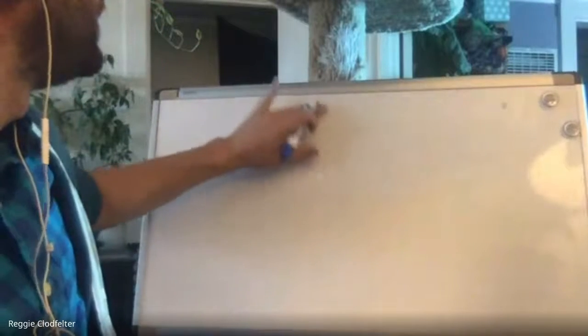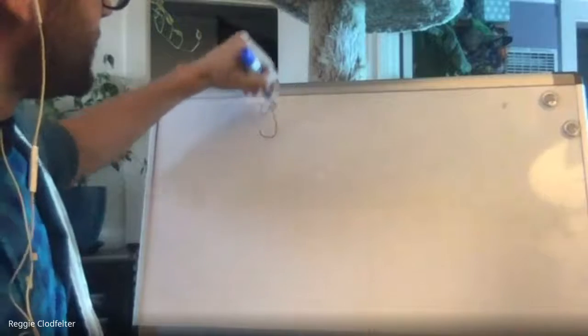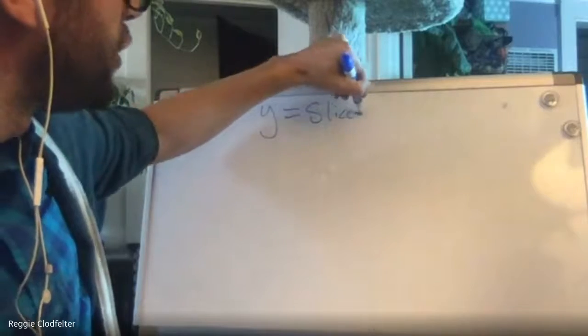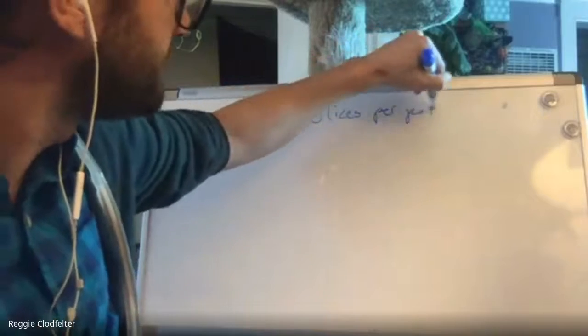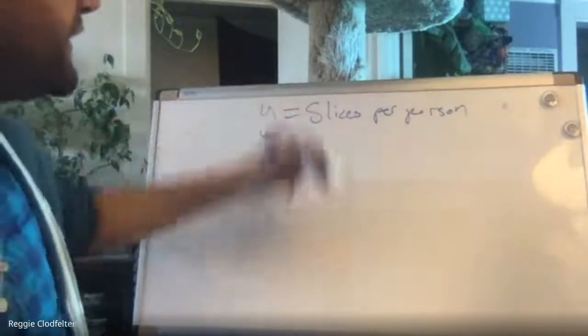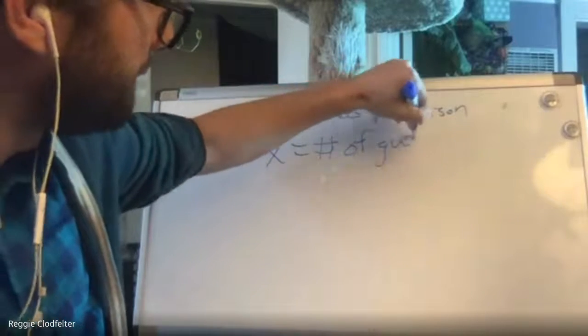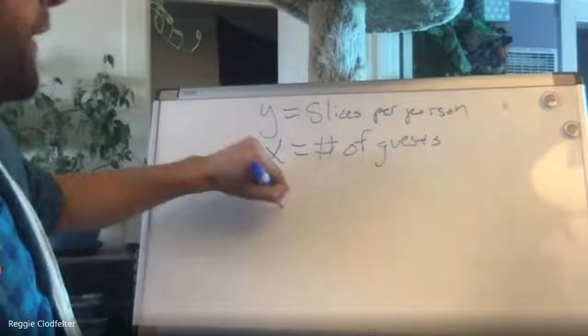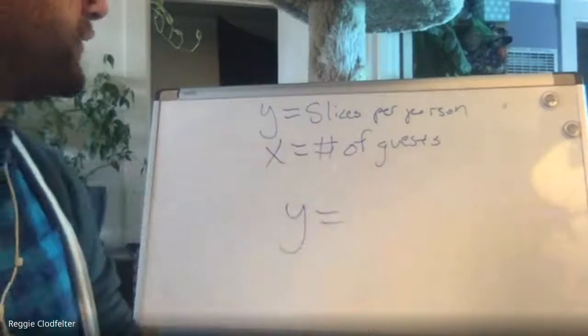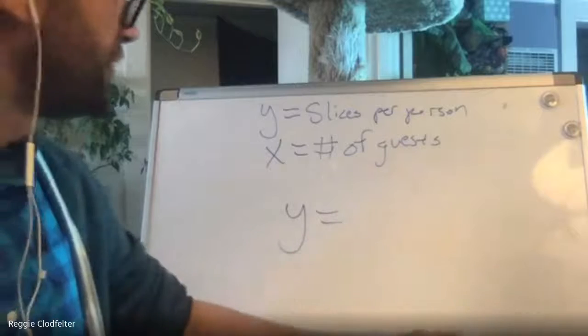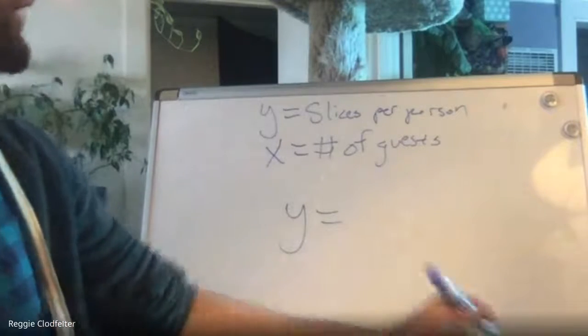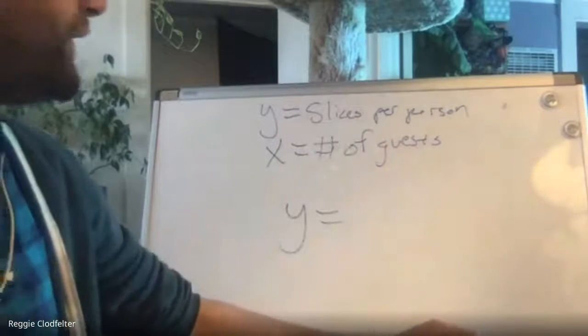So y equals the slices per person, and x equals the number of guests, right? So what would the y equals equation look like for that pizza party if we're trying to find the slices per person out of the number of guests?